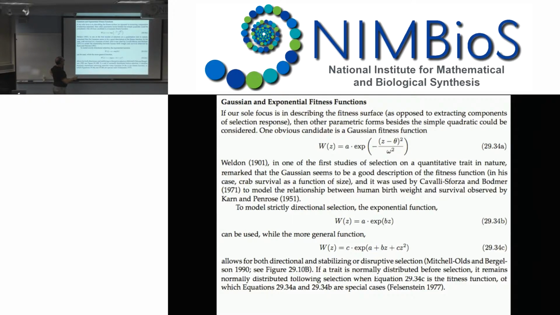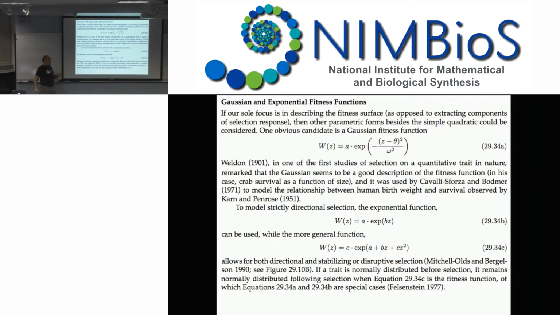So these are ones that you can use. That's a natural other curve to fit, but you can also modify strictly directional selection by this exponential function here. As long as beta is not too large, this is linear with a little bit of an upward curve. You can then put them together and have this much more general form. And in this more general form, you can have directional selection, stabilizing selection, or disruptive selection.